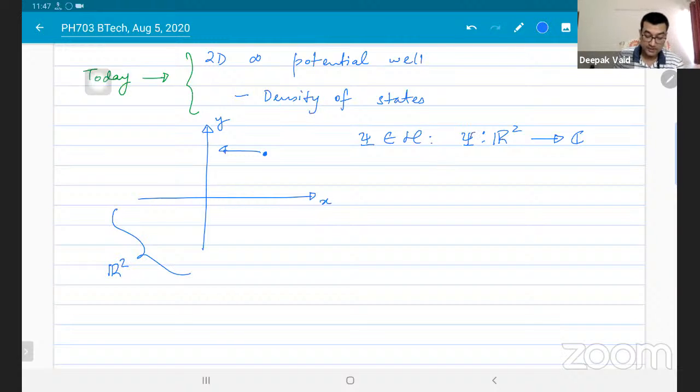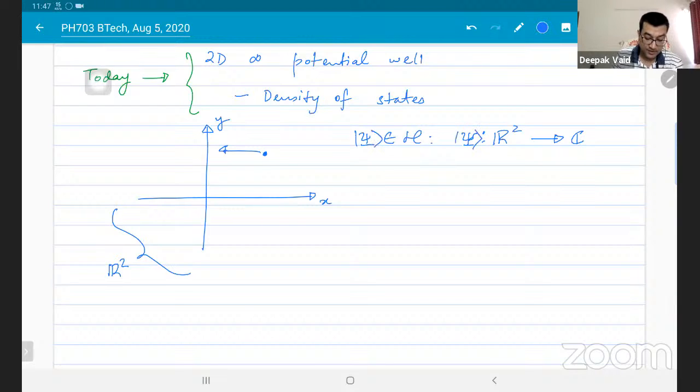So the state is a map from R2 to complex numbers. For each point of R2, psi tells you the corresponding complex number, psi of x, y. So this is your state.